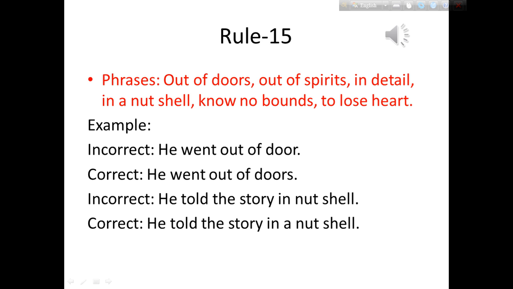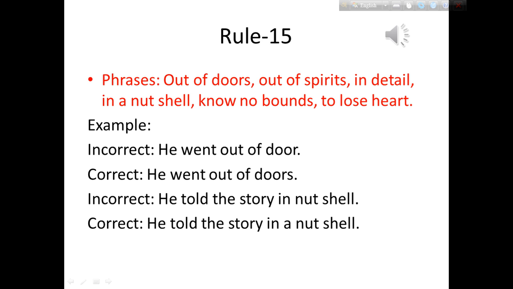Those are frequently used in sentences and we generally make mistakes using them. So the given phrases are out of doors, out of spirits, in detail, in a nutshell, no bounds, to lose heart.